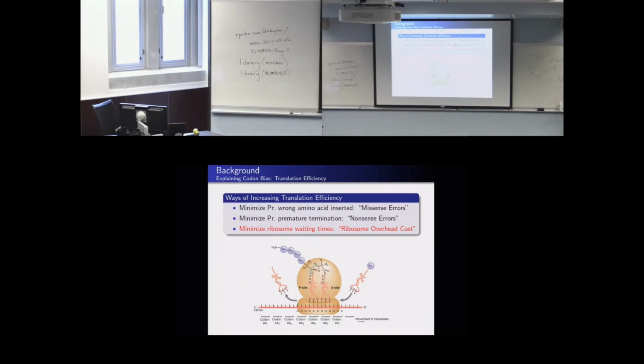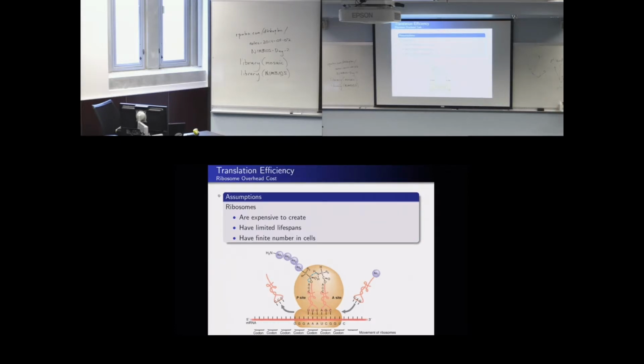The idea is that natural selection is favoring synonyms that minimize the amount of time this giant factory spends churning through tRNAs looking for one that stably matches before they can move forward. Ribosomes are big, expensive things to make with a limited lifespan, so if they have to spend a lot of time looking, that's wasted potential productivity.